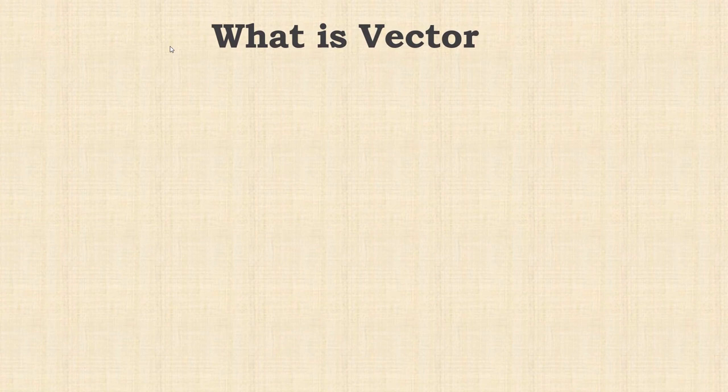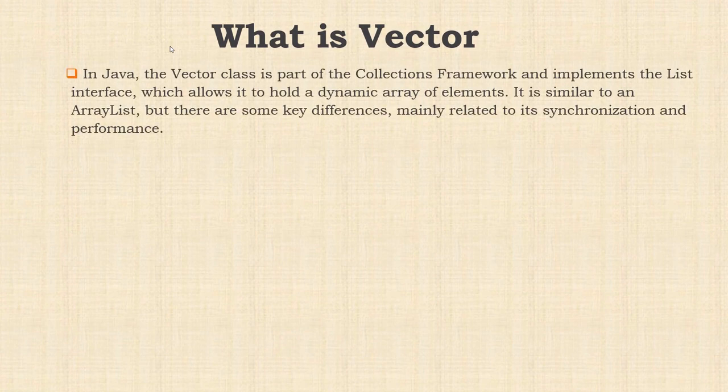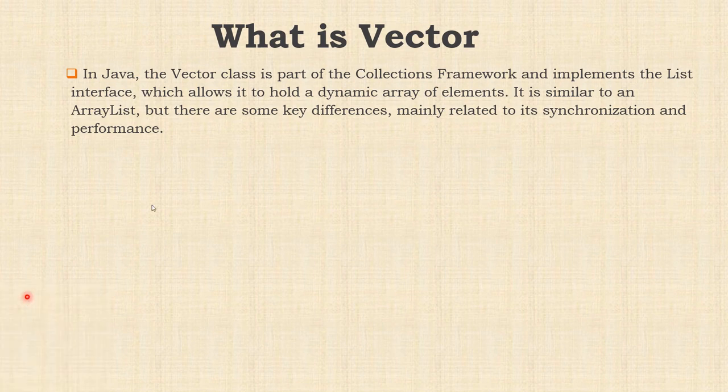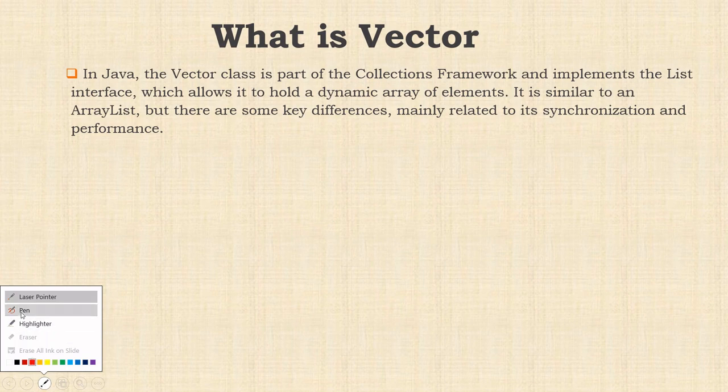So firstly we are going to touch on what is vector. In Java the vector class is part of the collections framework and implements the list interface. So you know the hierarchy of the collections framework. In the hierarchy you'll get the list, the set, and the map.